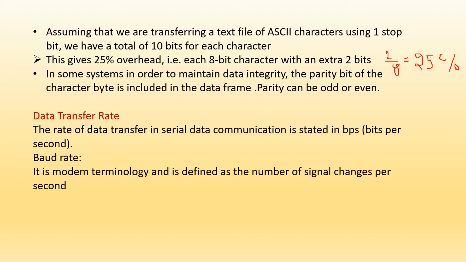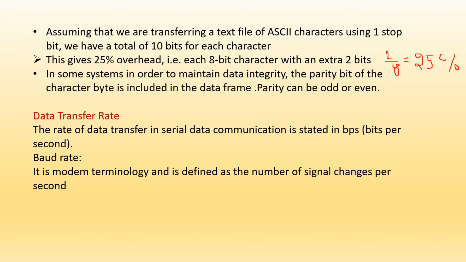To maintain that data integrity, a parity bit is added to the character byte in the data frame. That extra bit is called the parity bit. It can be an even parity or an odd parity, and it is used to detect errors, if any occur, during transmission.